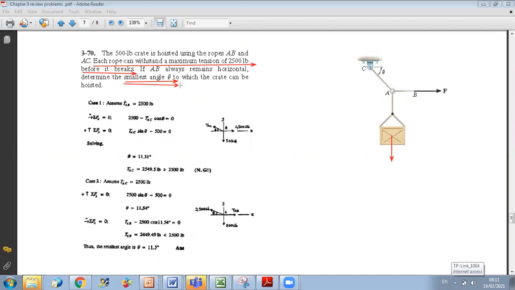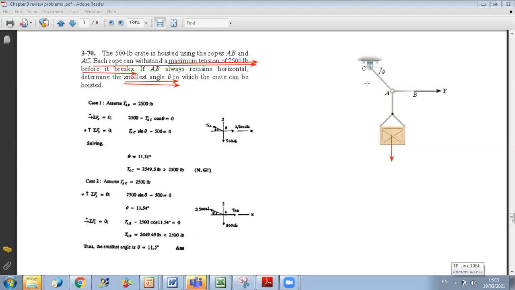when they say the smallest angle, it will correspond to the maximum tension, because you are designing based on the critical condition. So when they say this sentence, you know that you want to design your system to be just at the limit of rupture. The limit of rupture is when you reach in one of your cables a tension of 2,500.